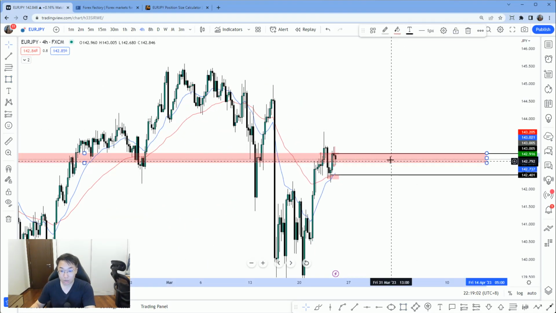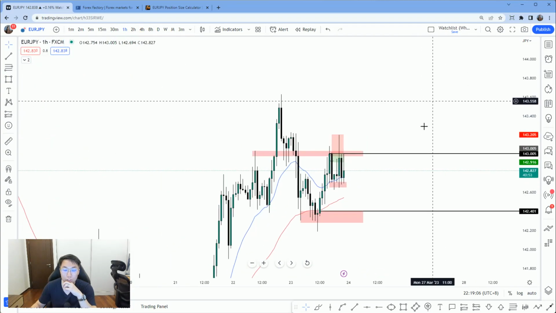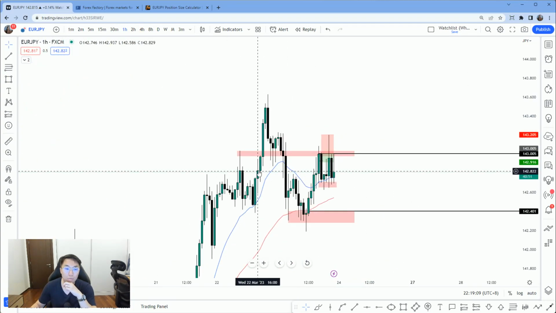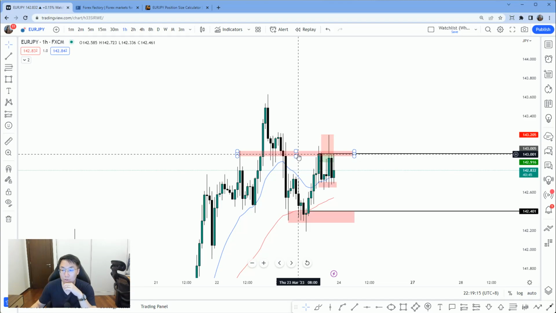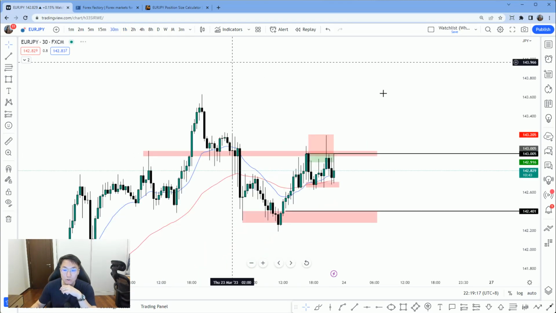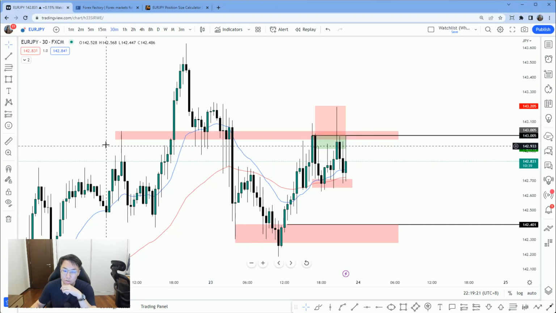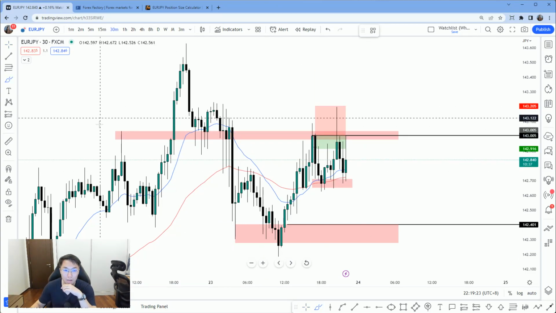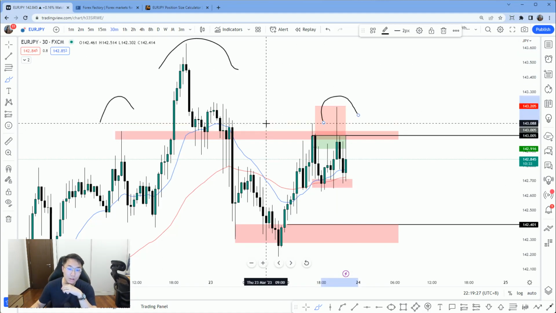So I start dropping down to the lower time frame on the 1-hour chart. On the 1-hour chart, we had a massive fake out here. We have a strong push, then we fade under the resistance at the 143 level, and I dropped down to the 30-minute chart. Can you see how we failed, or sort of formed a head and shoulders pattern around that 143 level?